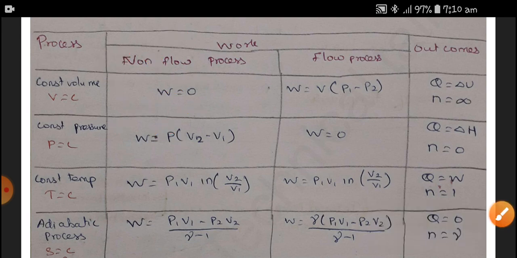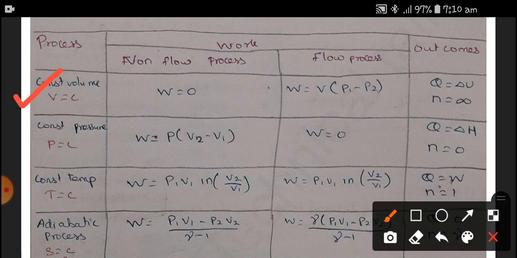So here I am saying that for a constant volume process, the volume is equal to constant. Therefore, the non-flow process deals with P dV, and the flow process deals with V dP. Therefore, in the non-flow process, the work done for a constant volume process is 0.